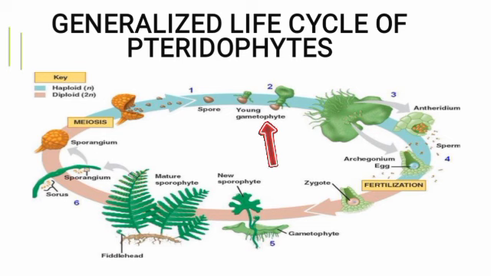Within the gametophyte, we have the sex organs, which release the sperm and the egg. The sperm and egg fuse to form a diploid zygote. The zygote germinates to give you the sporophyte. Then the leaves of the sporophyte bear the sporangia, where the spores are. The spores are released and the life cycle goes again and again.